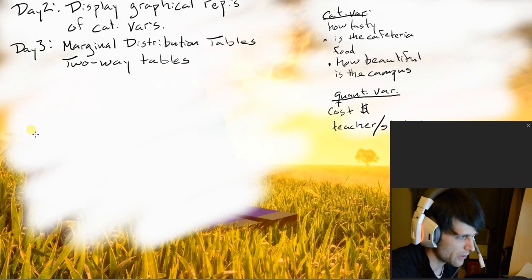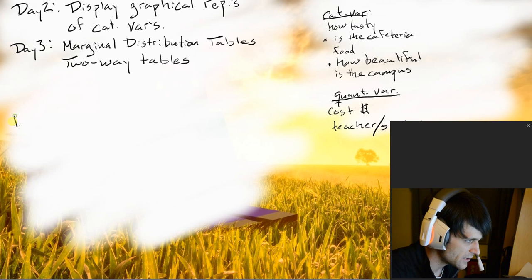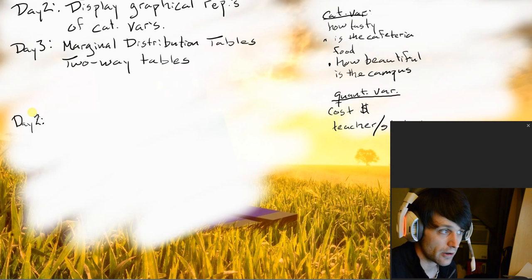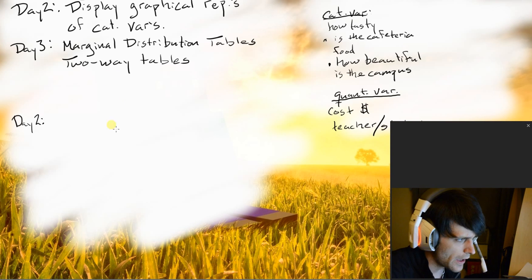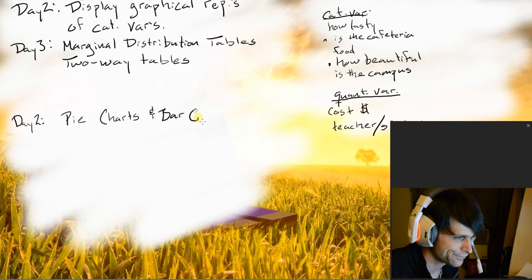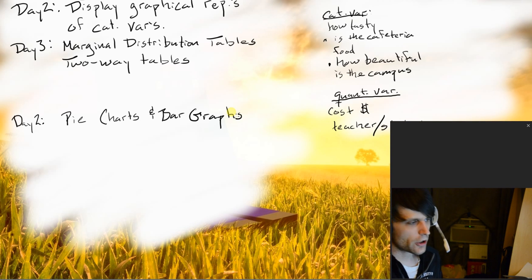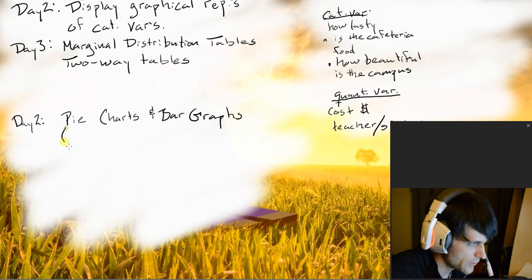Alright, I'm going to come back over here to the far left side. Day 2. Day 2 is displaying graphical representations of categorical variables, and those are going to come down to pie charts and bar graphs. Pie charts, we need to make sure that we're talking about one whole sample or population.